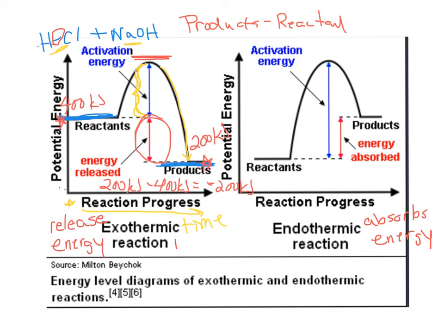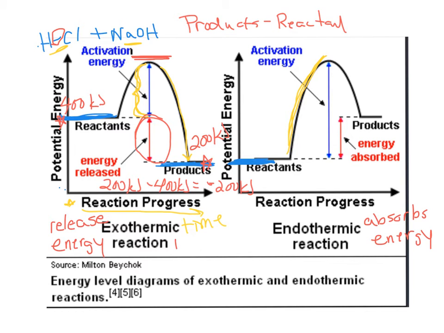Let's take a look at the potential energy of an endothermic reaction, a reaction that's opposite. Here we have the potential energy of our reactants starting really low. And we see that as the reaction begins to occur, a lot of activation energy is needed to get this going.